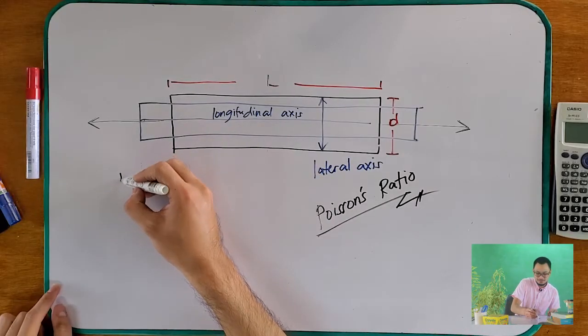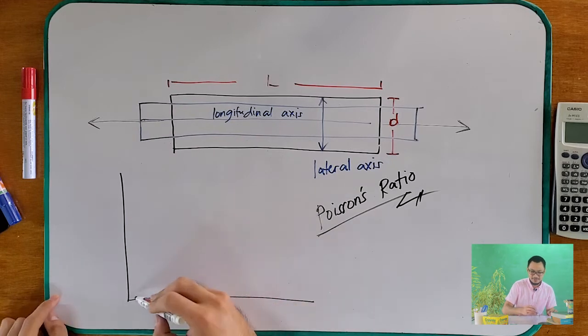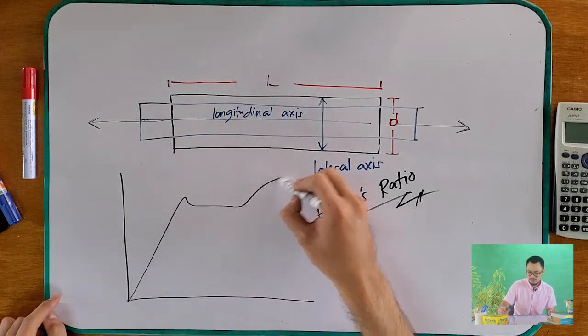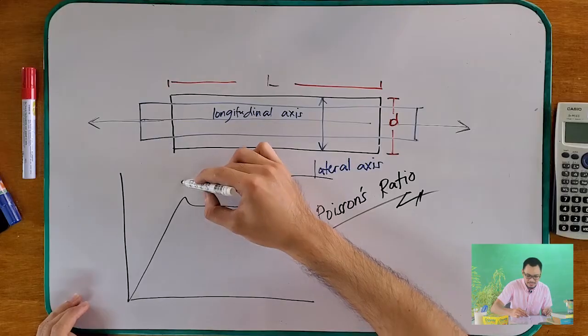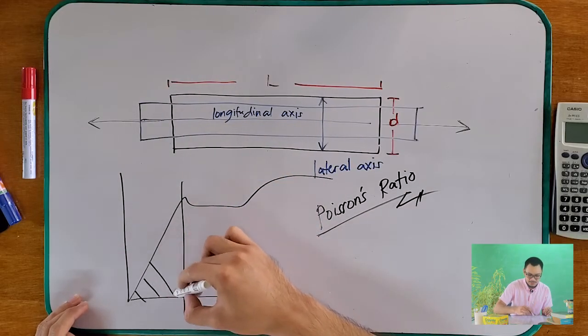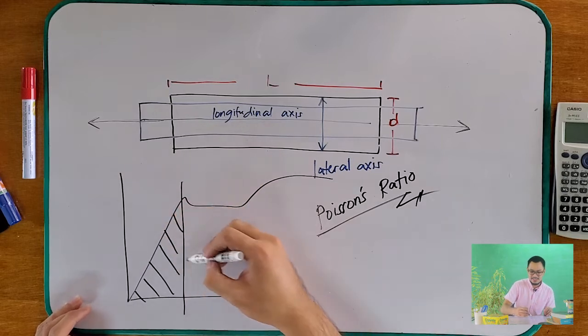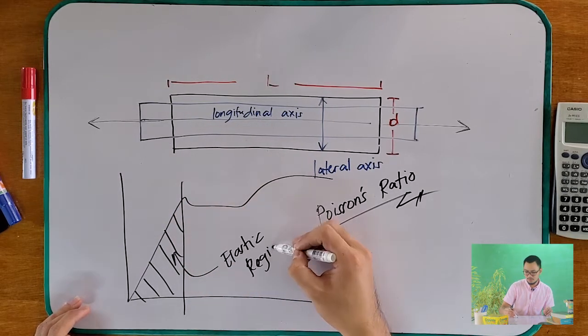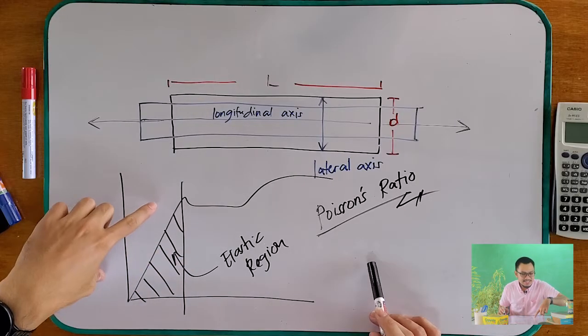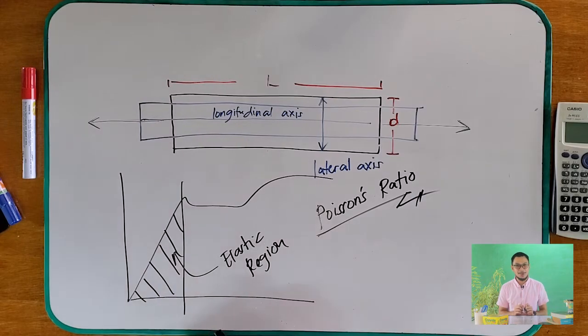When it is still under this curve. We identified that this region here is your elastic region. So, your Poisson's ratio can only be applied when your material is still in its elastic behavior.